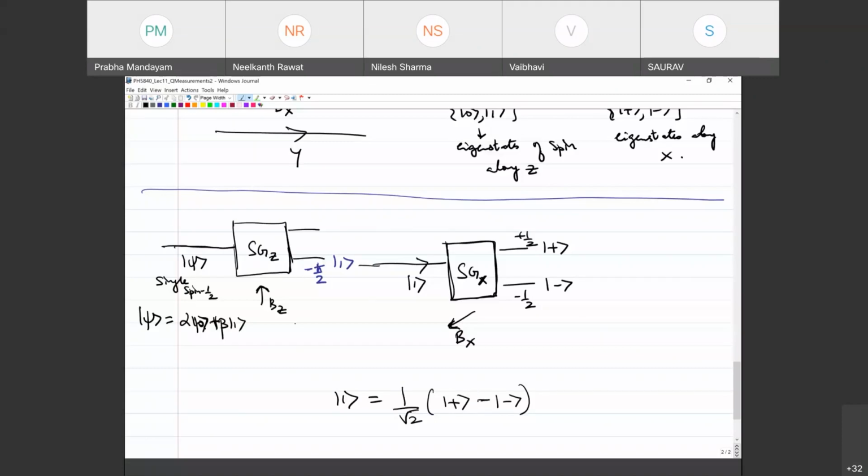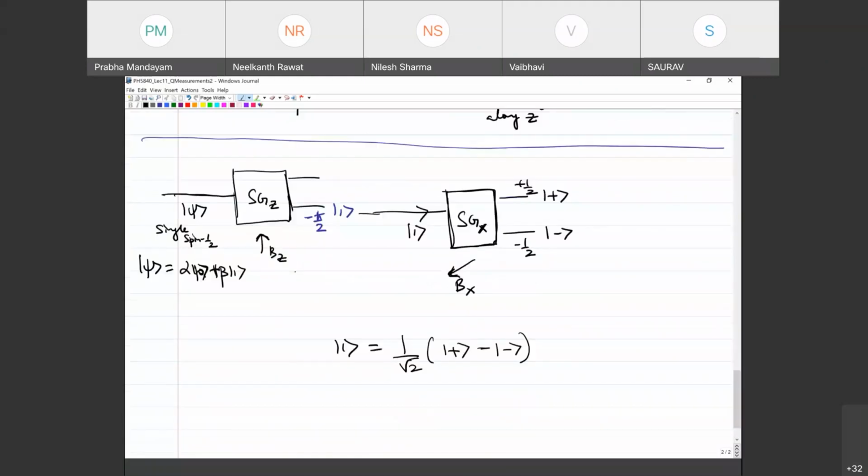So what this tells me is that the input state is now a uniform superposition of the ket plus and the ket minus, and we had discussed that these are nothing but the eigenstates of the spin X operator corresponding to the plus half and minus half eigenvalues, right?